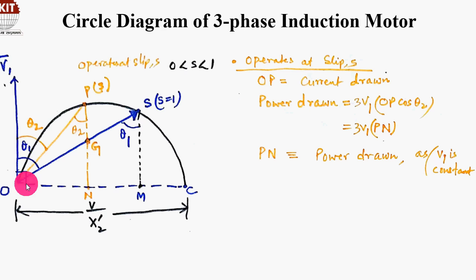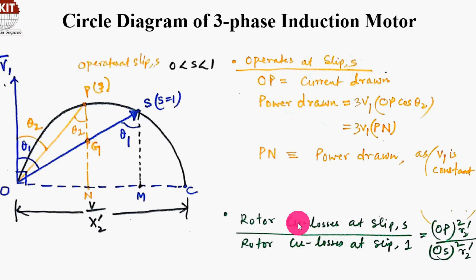Here the OP length can be given by the current drawn, and the power drawn can be given by 3 times V1 times OP cos theta 2 at this condition, and this OP cos theta 2 can be replaced by this length, that is Pn. Now in this case, the power drawn will be equal to this length Pn, as V1 is constant.